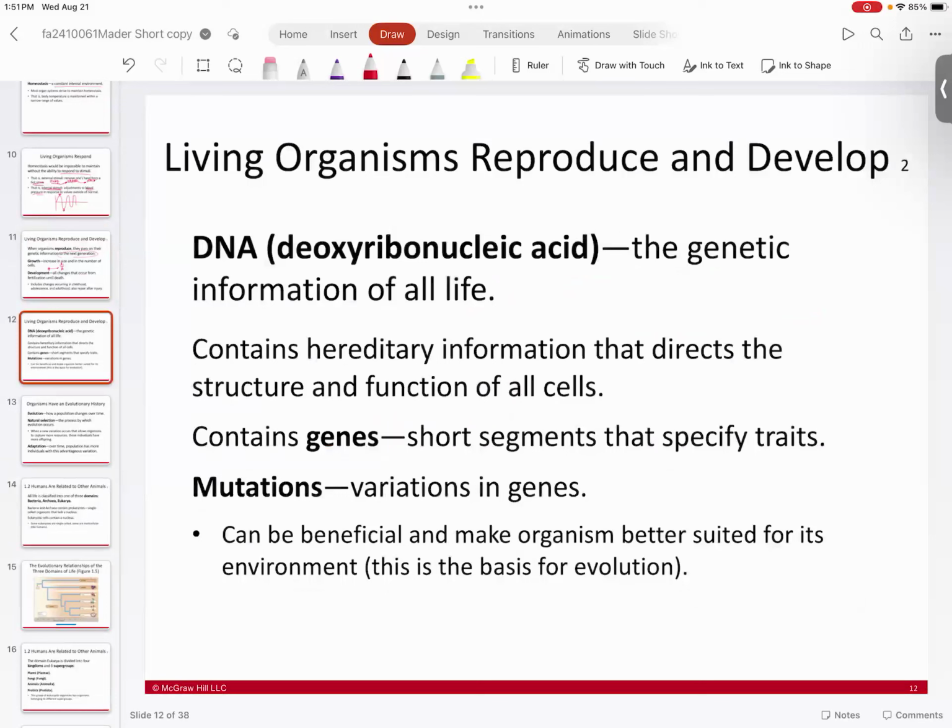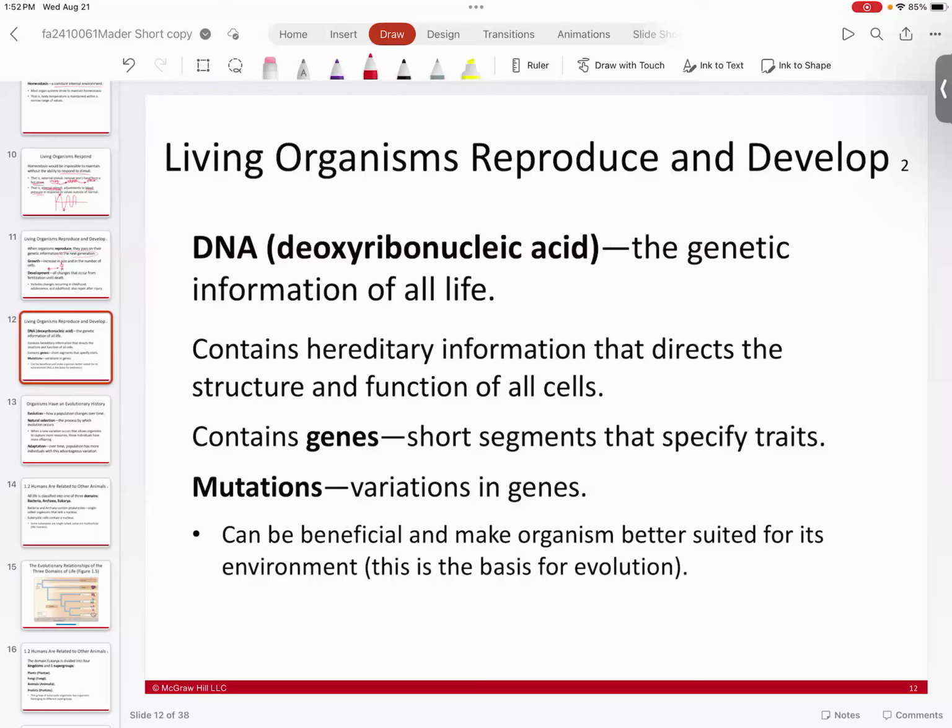So that's all reproduction. And then, of course, part of that reproduction is our DNA. We'll talk a little bit more about this. When we pass on our traits to other generations, we're passing on our genes, which control our traits. Genes are basically just short segments of DNA.